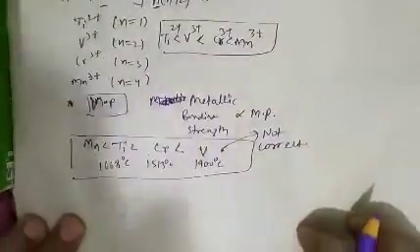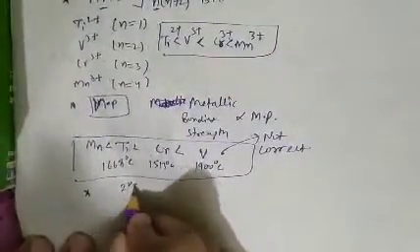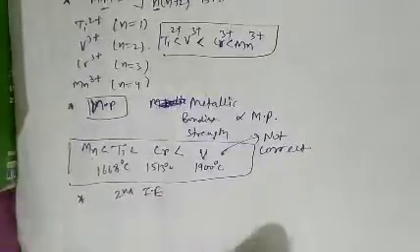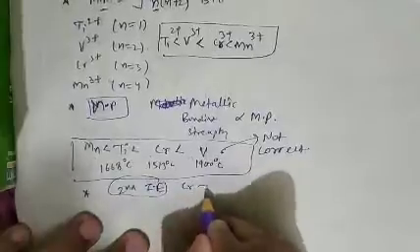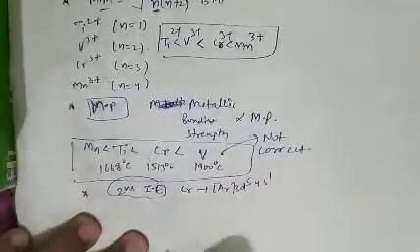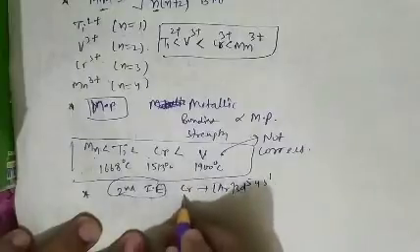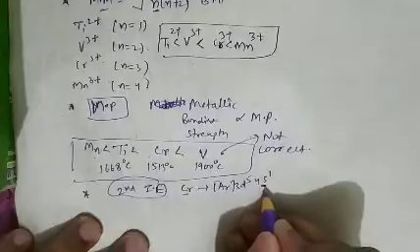See also option 4. Option 4 is given second ionization energy. As we know, the configuration of chromium is argon 3d54s1. So the ionization energy is maximum when the first electron is removed from 4s.